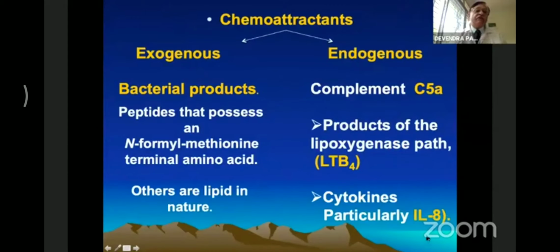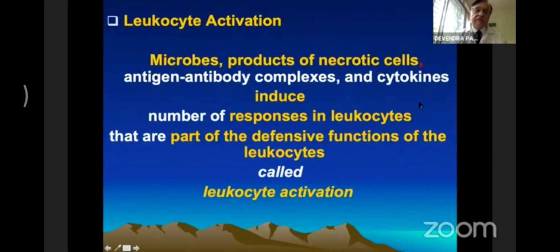Chemoattractants are the products from the bacteria, like the peptides N-formyl methionine, others are lipids, and endogenous products like the anaphylactotoxin C5a from the complement system, and also leukotriene B4 and the cytokines like interleukin 1 and interleukin 6. Interleukin 8 is also involved in the process.